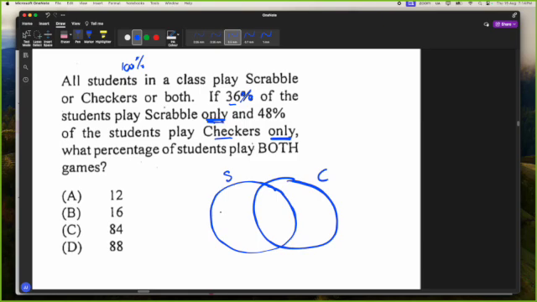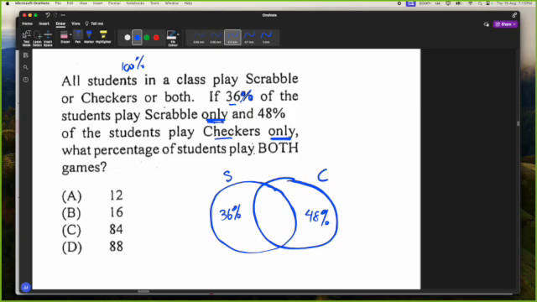So Scrabble only, that is here, 36%, right? 48% of the students play checkers only. So that is 48% will go here. So obviously in the middle will be the 100% minus these two.